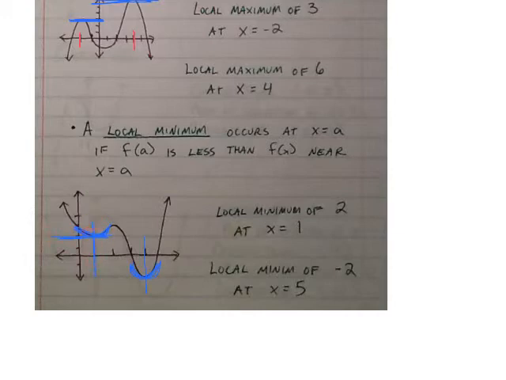We also have a local minimum of -2 at x equals 1, 2, 3, 4. Oh, hey, look, typo. X equals 4. So that's our local minimum there.